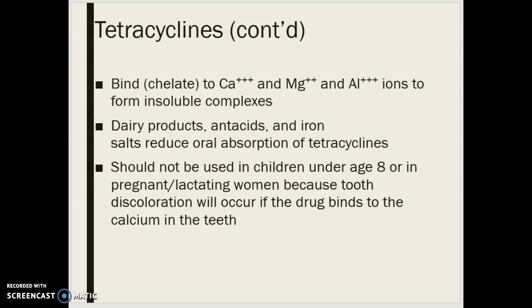So the tetracyclines, with the exception of doxycycline and minocycline, interact with the divalent and the trivalent cations, and they form an insoluble and non-absorbable chelate. They bind to calcium, magnesium, and aluminum. And so they cannot be taken at the same time as dairy products, antacids, anything that contains calcium, magnesium, zinc, or iron.